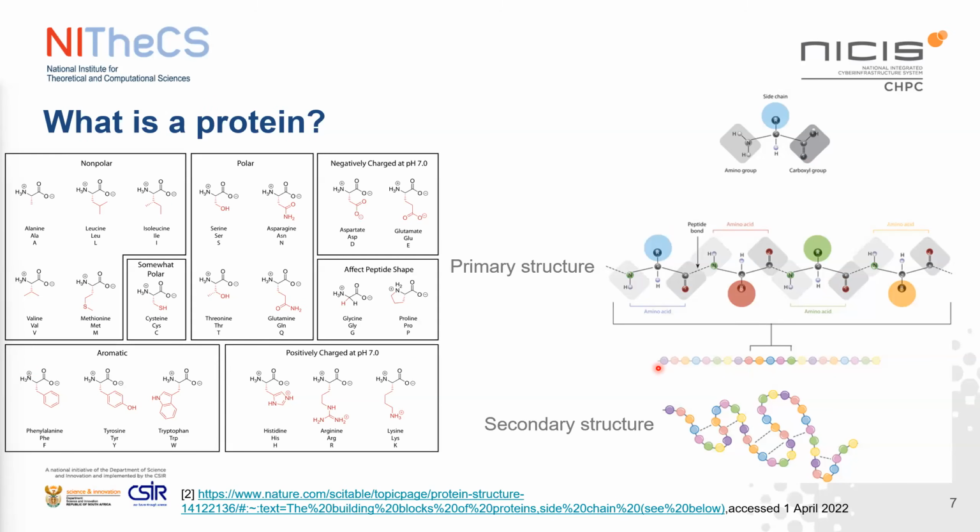But this chain doesn't stay straight. What happens is this protein starts to fold and you get what's called a secondary structure because these R groups start to interact with each other. So this R group might want to interact with that one, this one with that one, and so forth until you eventually get this nice swirly curved thing, which is essentially a protein.